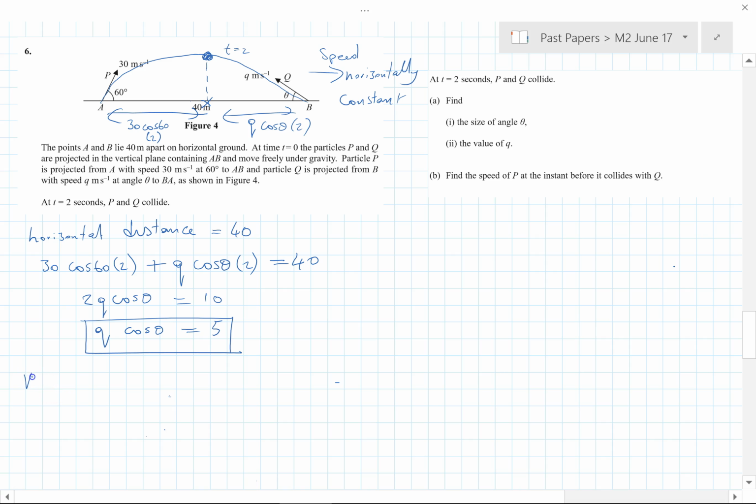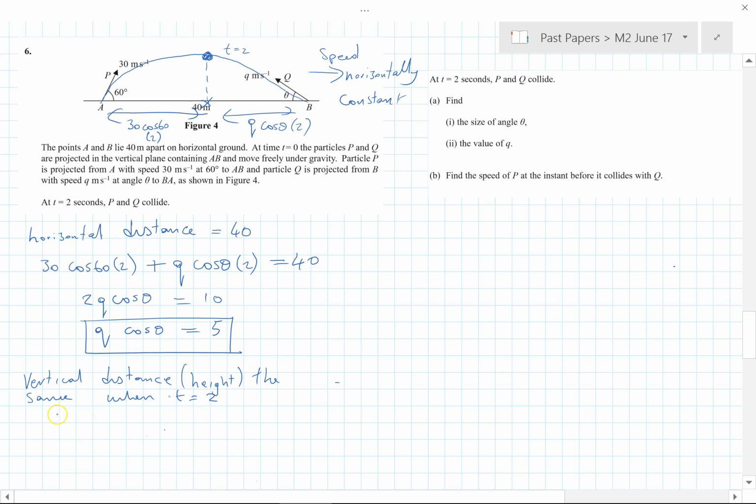So that's the first bit of information that's going to prove useful to us, and then we can use the fact that the vertical distance is the same. They travelled the same vertical height when t equals 2. So we're going to apply the things that we know.